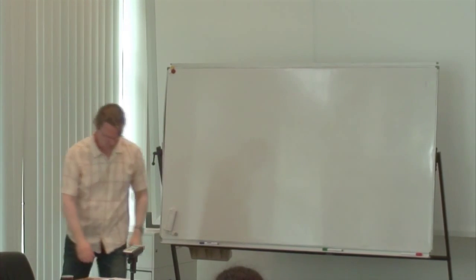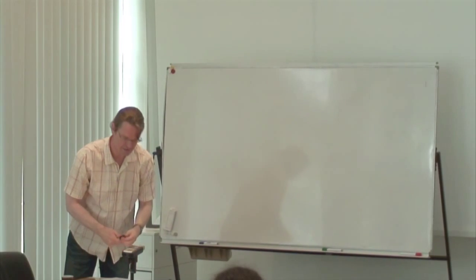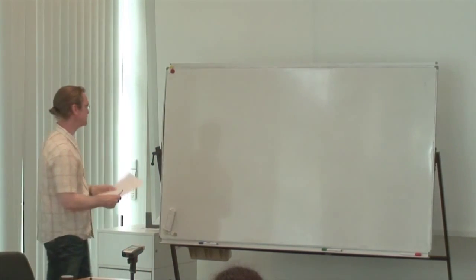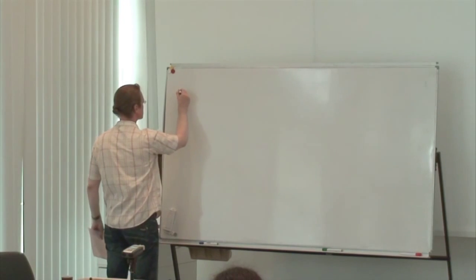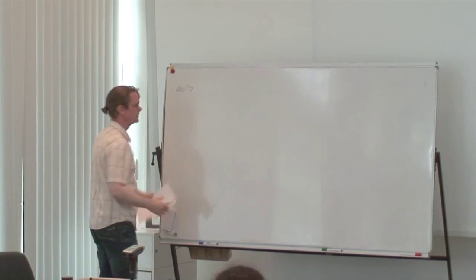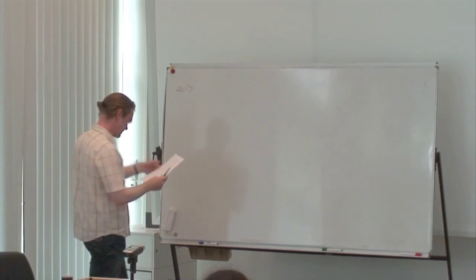And now we have to try to understand what it means to locally look Euclidean. I'll continue this definition here. What does it mean to look locally Euclidean?